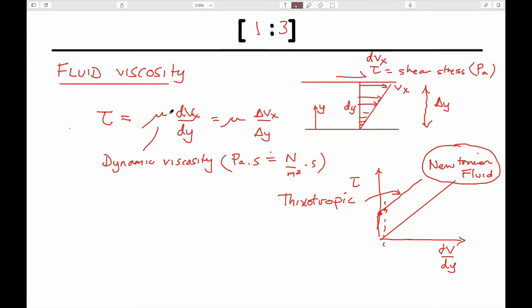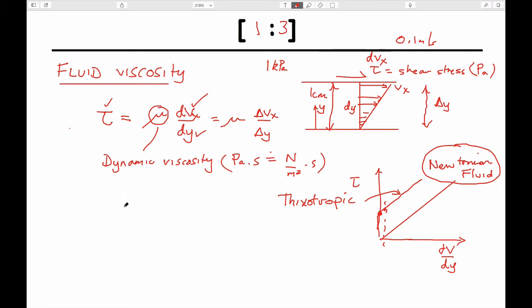If you know the velocity you're traveling at, and the separation between these, say a centimeter, and say a velocity of 0.1 meters per second, and if you know the shear stress applied, which was 1 kPa, 1,000 pascals, you can calculate the magnitude of the viscosity, which is a property.